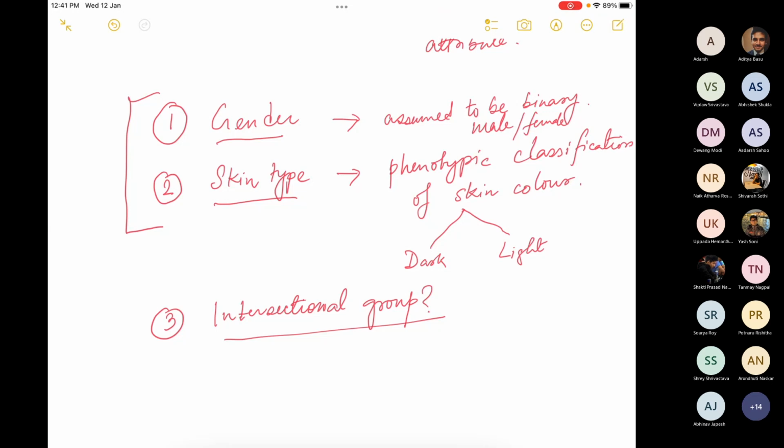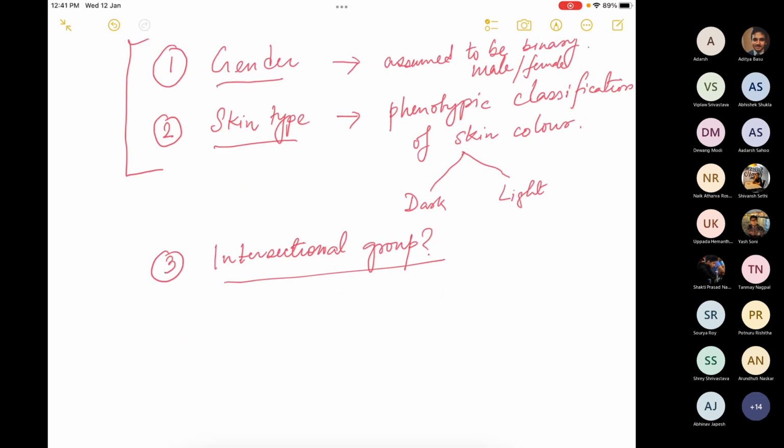The intersectional groups are the mix and match of these two attributes: gender and skin type. So you have male, female, light, dark.